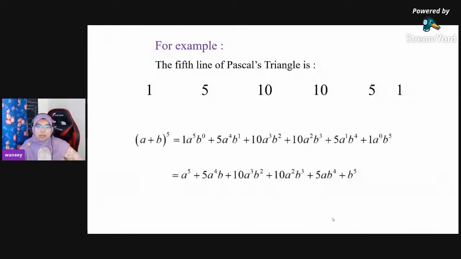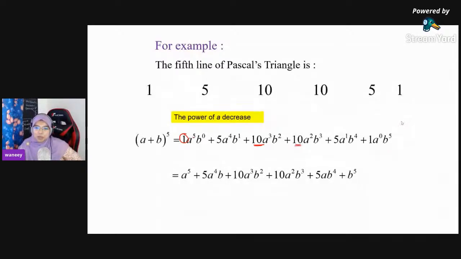So if you have (a plus b) to the power of 5, the first digit is 1: a to the power of 5, b to the power of 0, plus 5 a to the power of 4 b to the power of 1, plus 10 a cubed b squared, 10 a squared b cubed, 5 a to the power of 1 b to the power of 4, 1 a to the power of 0 b to the power of 5.